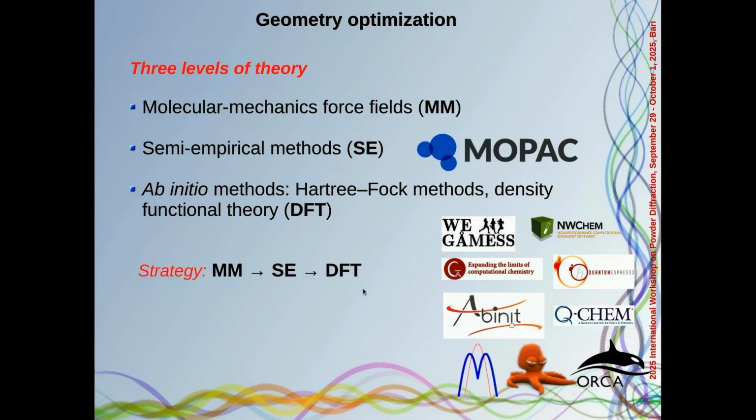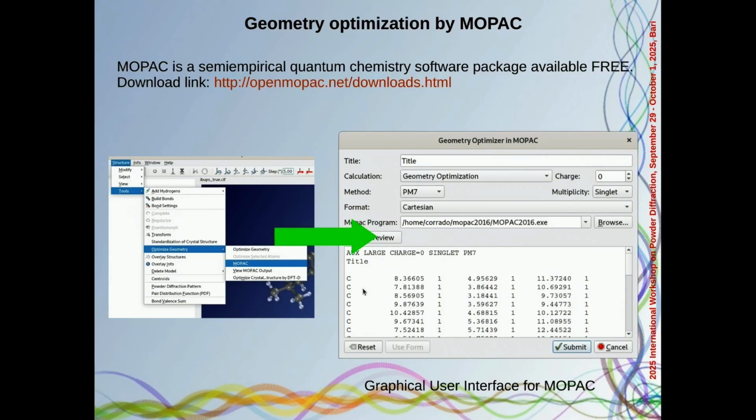In EXPO, the most important program for semi-empirical calculations is MOPAC, and in EXPO you can find a graphic interface to run MOPAC. You can automatically create the input file for MOPAC, run MOPAC, and visualize the results of this program.